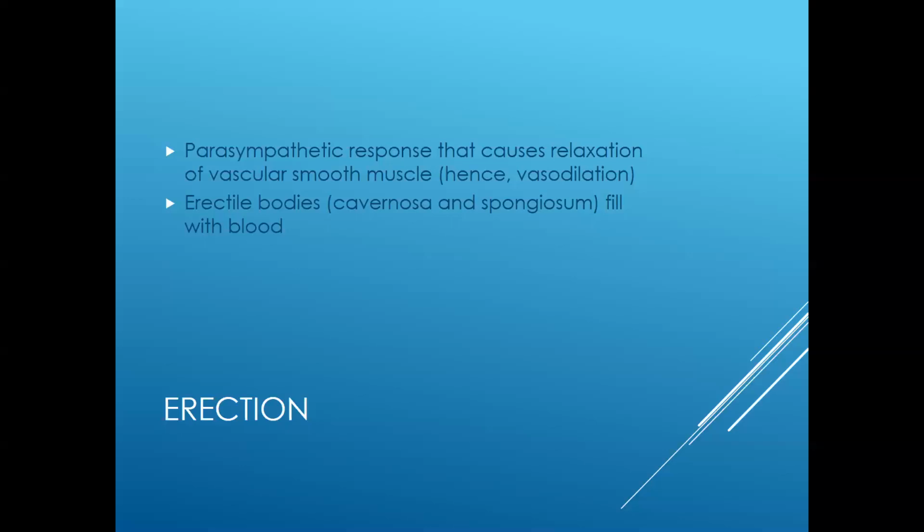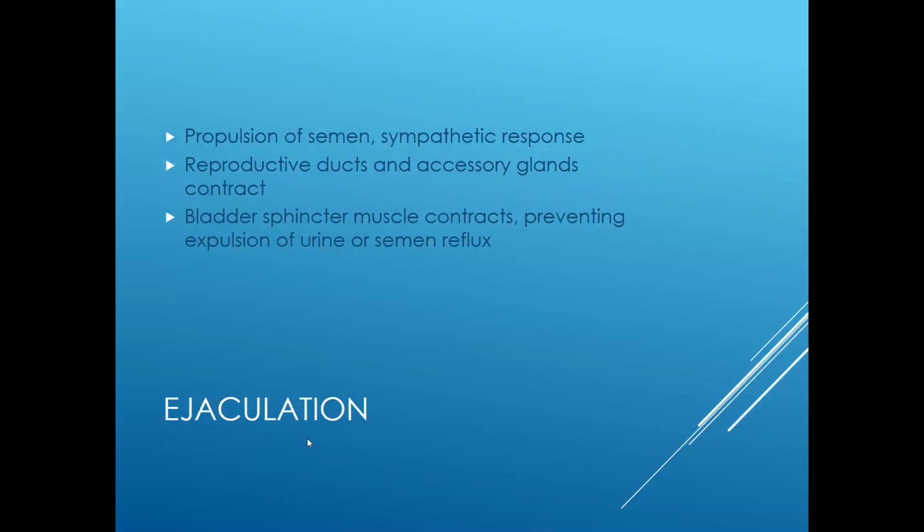Now, the interesting thing with human sexual response, male and female, is that both divisions are involved. So this is parasympathetic, but the actual ejaculation is a sympathetic stimulation. So we have to propel the sperm. We've got to get the muscle within the ducts to contract, which is going to be under sympathetic response.